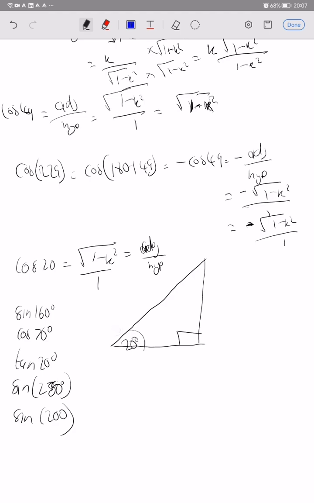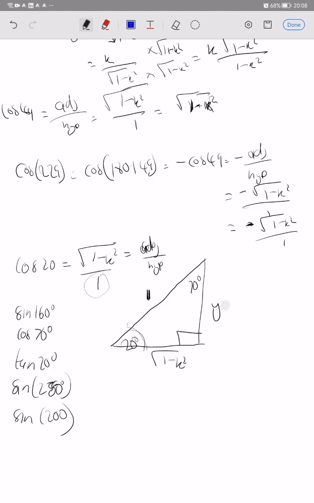So what will be adjacent here? If this is 20, this one will be 70, and my adjacent for this one will be the square root of 1 minus k squared. My radius will be basically 1, since it's this one.